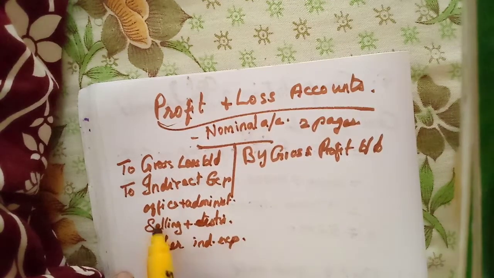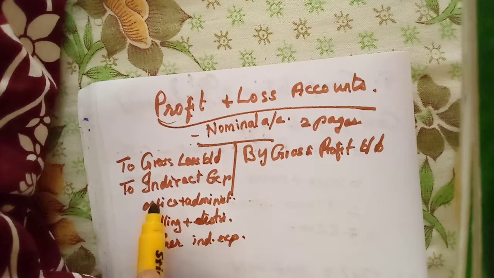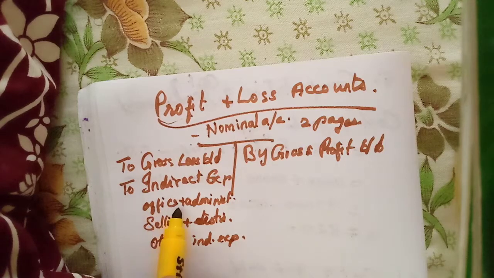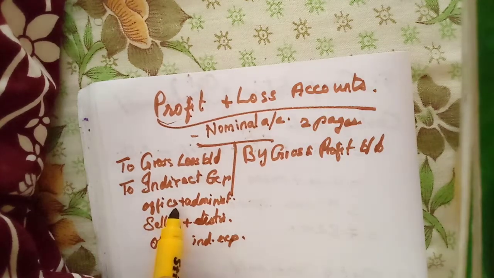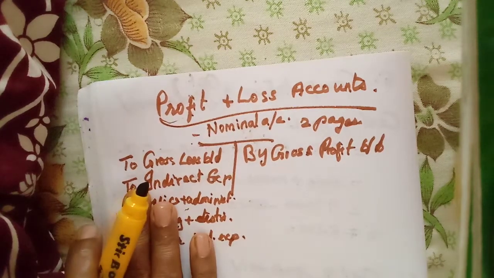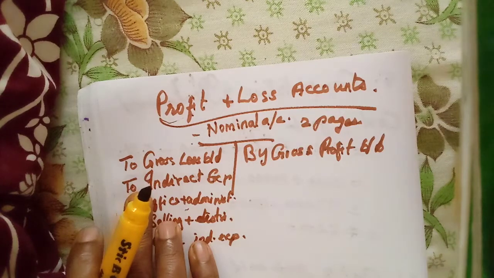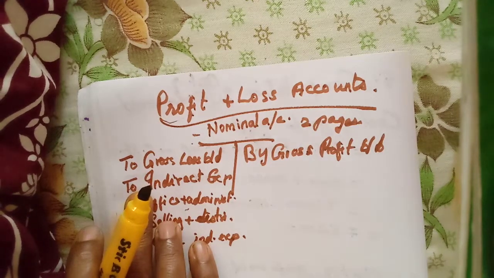Okay, we will learn what are the office and administrative expenses. All the expenses that are related to the office. For example, we will pay salary for the office staff, isn't it? Then we may pay rent for the office or the electricity charges for the office, isn't it? Then printing and postage, we may post some letters related to the mail.